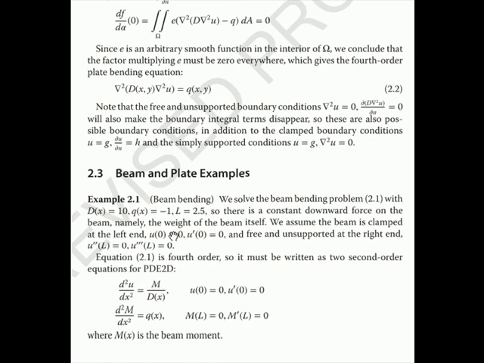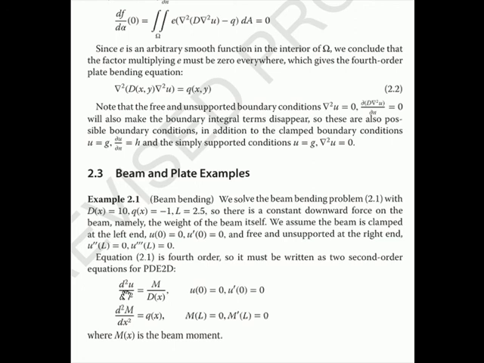At the left end point, it's clamped, so U and U prime are 0. But at the right end point, the second and third derivatives are 0. D is constant, so that's just the third derivative. That's free and unsupported. So basically, it's a flagpole stuck in the wall horizontally at the left, and it's totally free at the right end point.